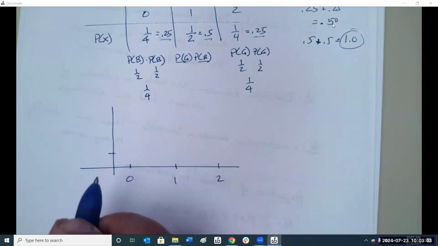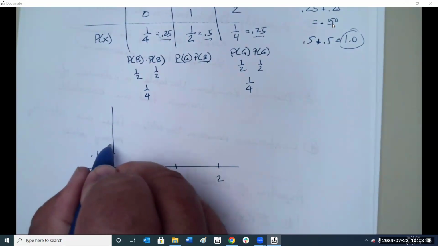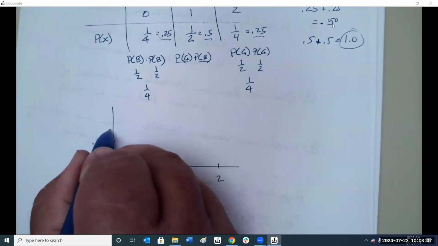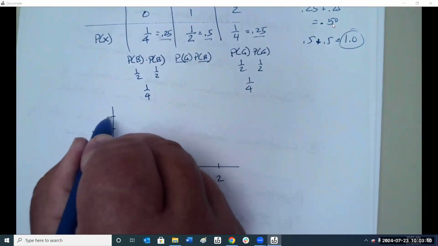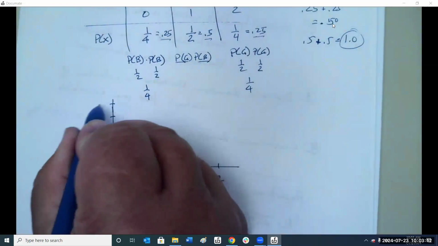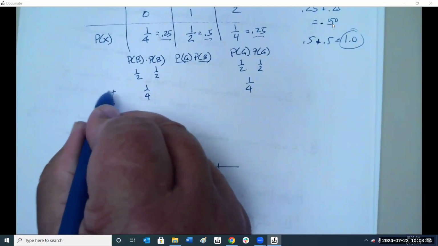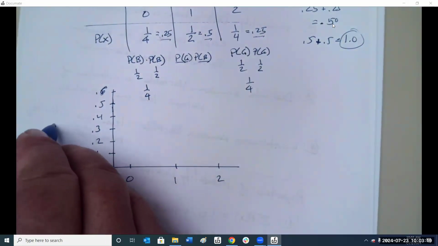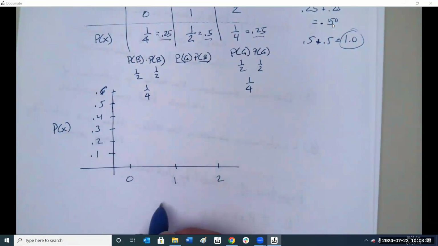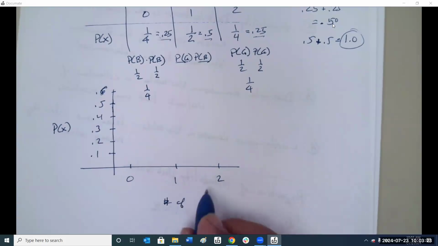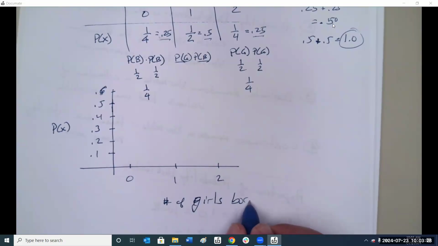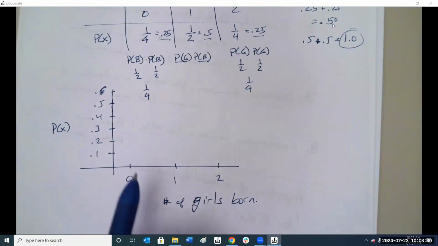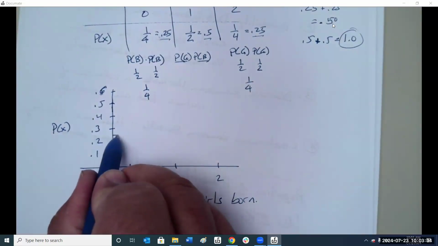We have 0.1, 0.2, 0.3, 0.4, 0.5, and then we go 0.6 if we want to. So these are our probabilities, and these are our number of females born, or girls born. The chance of getting 0 was 0.25.